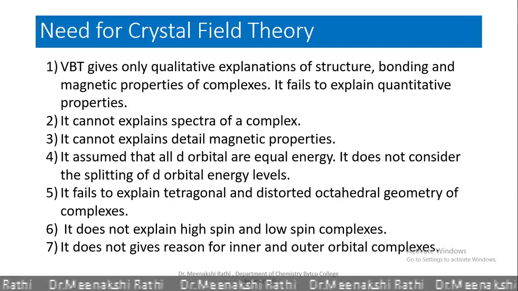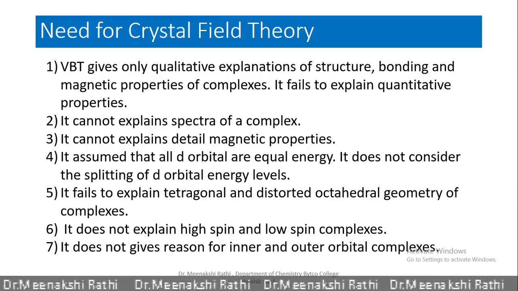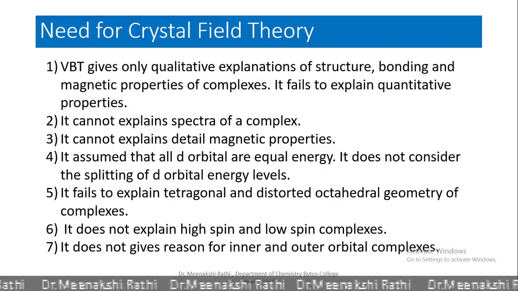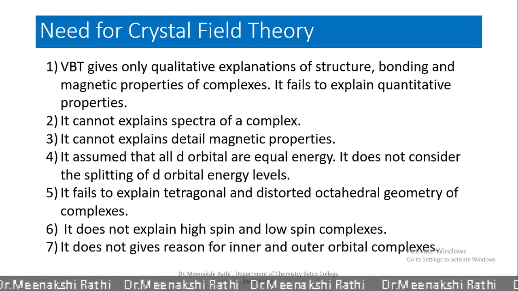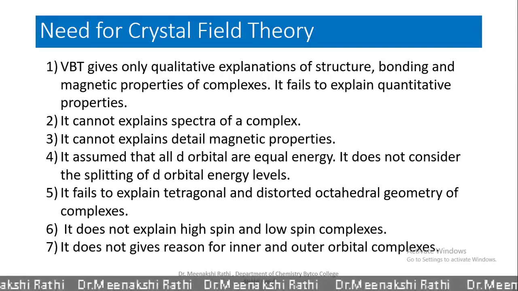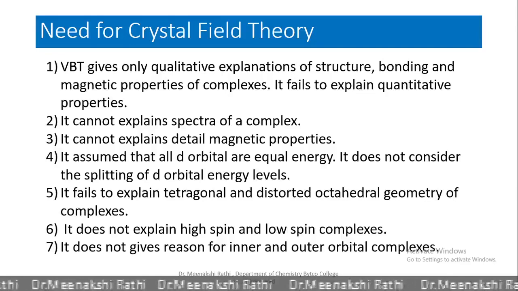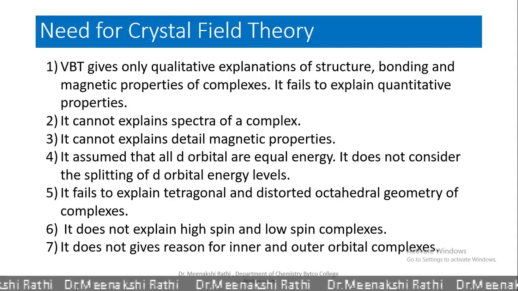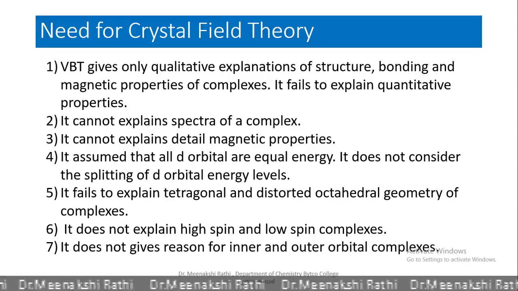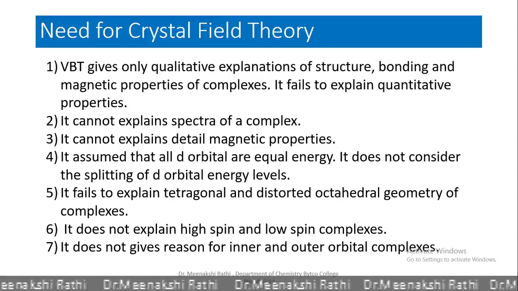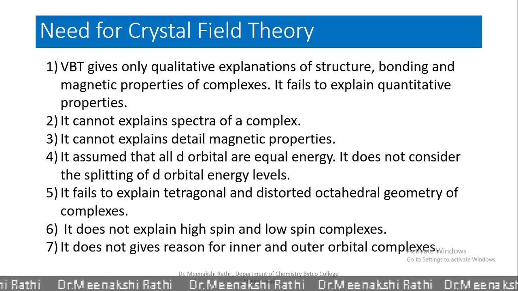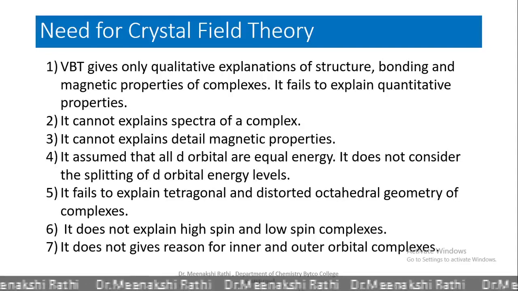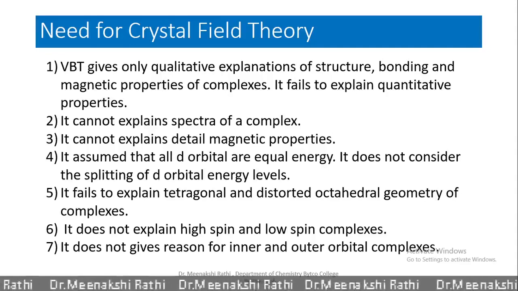According to VBT, all d orbitals are of equal energy, and it does not consider the splitting of the d orbital energy level. VBT also fails to explain tetragonal and distorted octahedral geometry of the complexes. Moreover, it fails to explain high spin, low spin, inner and outer orbital complexes.